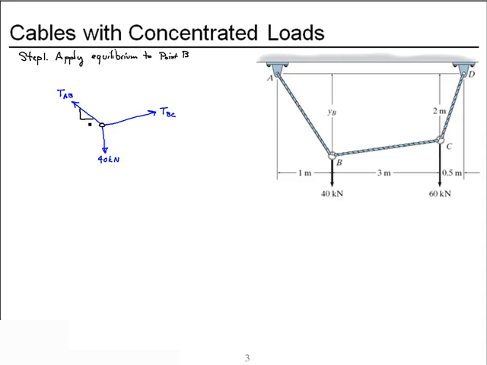and our geometry is such that the tension in segment AB has a rise of YB over a run of 1. And our tension in BC has a rise of YB minus 2.